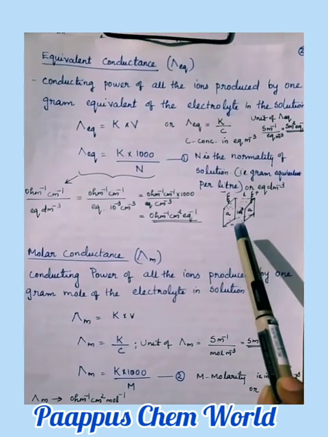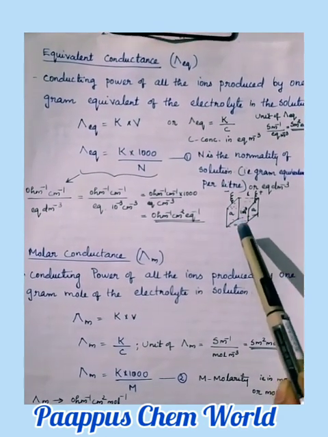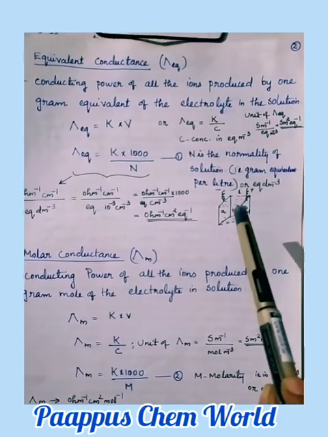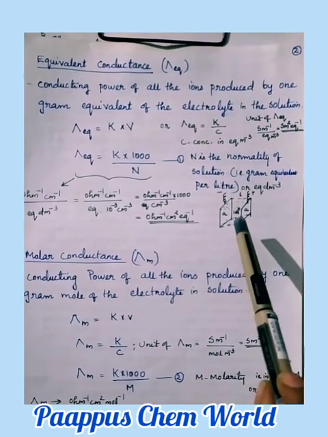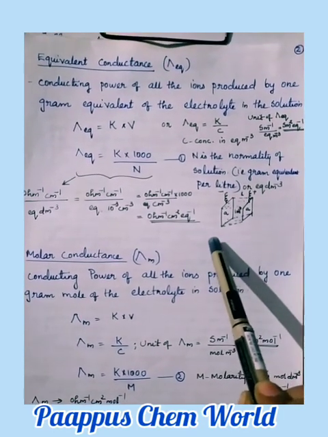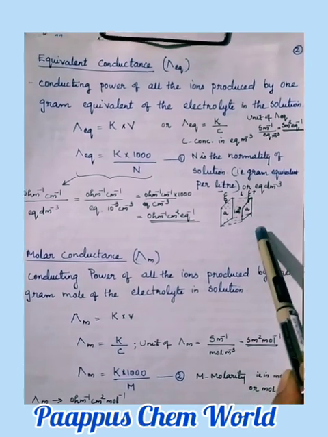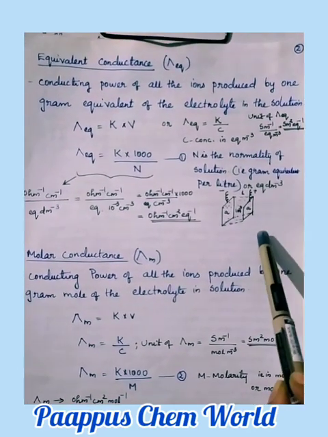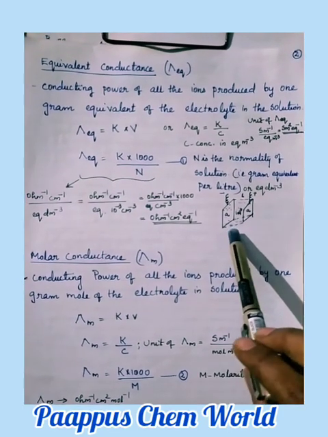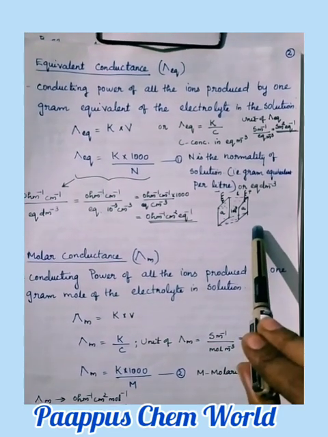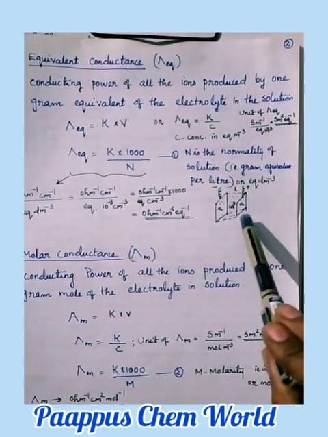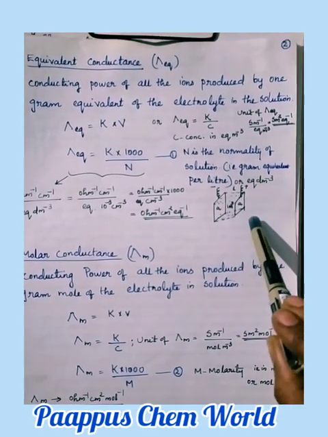And this solution contains 1 gram equivalent of the electrolyte. The conducting power of all the ions produced by 1 gram equivalent of electrolyte is known as equivalent conductance. Hence, here the conductance is equal to specific conductance, which is equal to equivalent conductance. Suppose we are diluting this solution 1000 times. That means the volume of solution becomes 1000 meter cube.